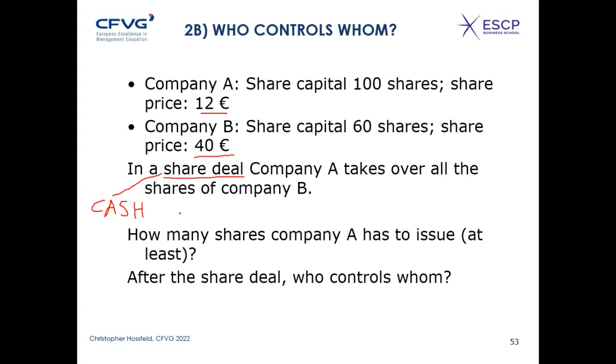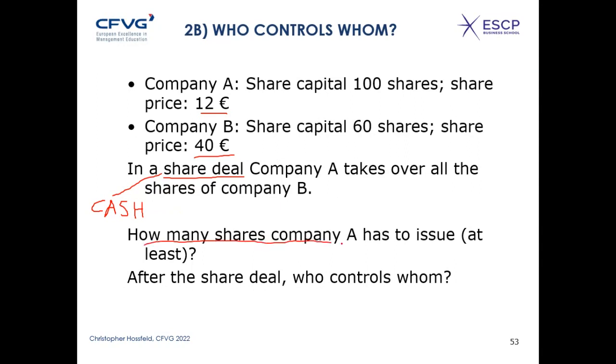Share deal versus cash deal. Yes, indeed, the company issues shares to pay for the acquisition instead of paying cash. That is correct. So company A will issue new shares to pay for the shares they're buying from company B.